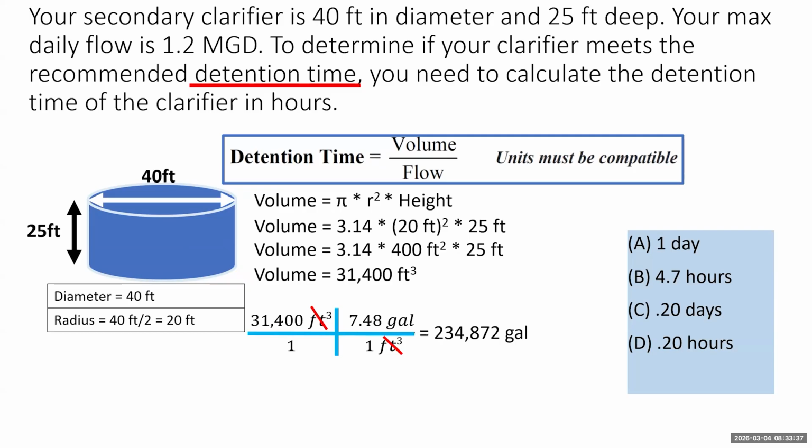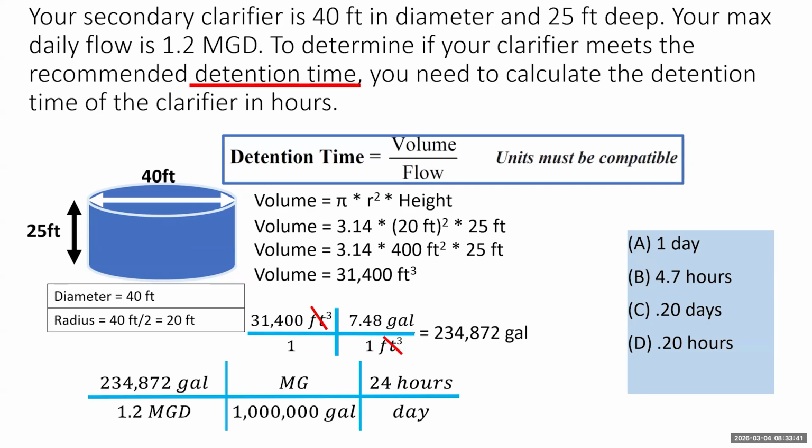Okay, so now we have volume in gallons, and we have flow in millions of gallons. But we can do that math too, because going from gallons to millions of gallons is also a conversion factor. So if we take our volume and we put it over our flow, and we convert millions of gallons to gallons, that means 1 million gallons is, lo and behold, 1 million gallons. And then we have our hours to days calculation, conversion, right? So now we can cancel out those units.